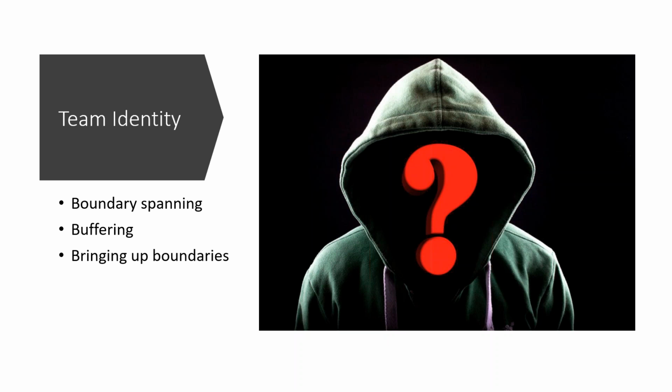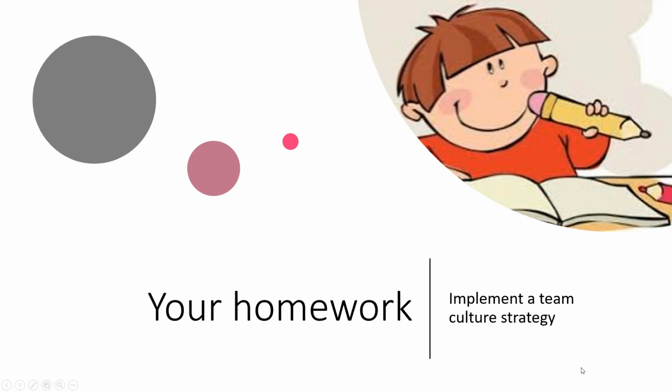It's doing some of that work. You can imagine what your homework as a result of today is going to be. Your homework is now to implement a team culture strategy. This is about you starting to think about how you might implement a team culture. That's your homework for today.